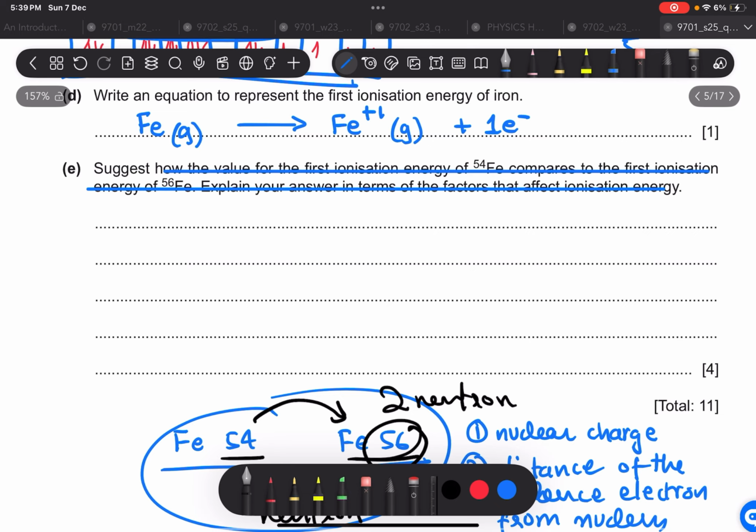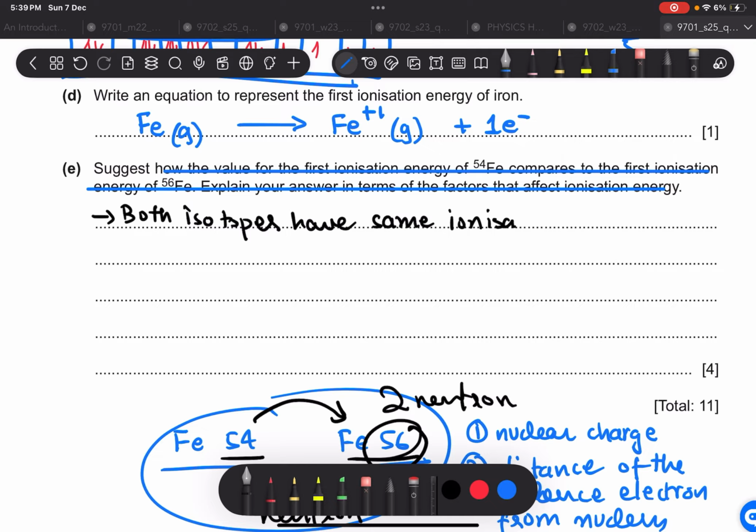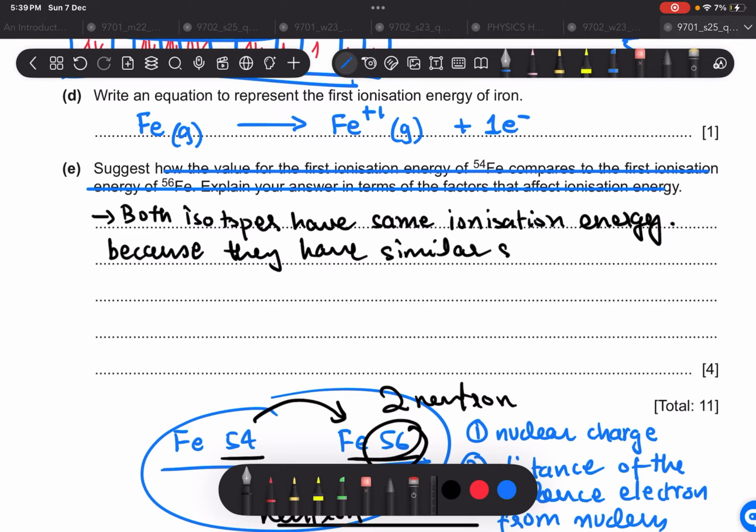So how are we going to compose our answer? We're going to say that both isotopes have the same ionization energy, because we've just seen that ionization energy does not depend on the neutron number, because they have similar nuclear charge.